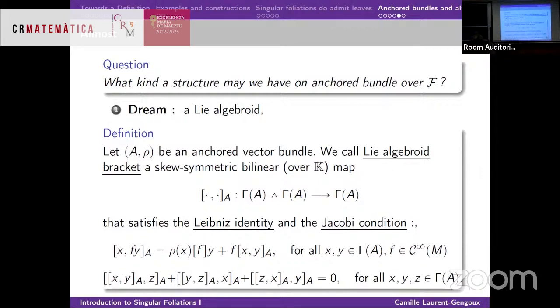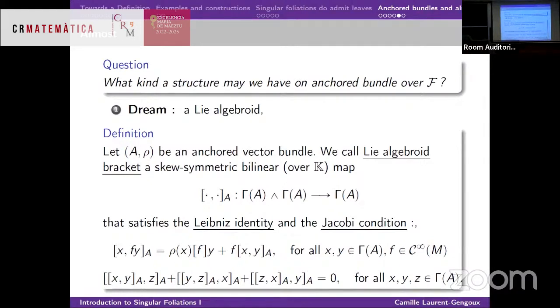Can we get the bracket? I've been told yesterday that Lie algebroid hasn't been defined yet. So a Lie algebroid, in one word, is a Lie algebra bracket on sections of A that satisfies the Leibniz condition and the Jacobi identity. So the dream would be to have a Lie algebroid structure.